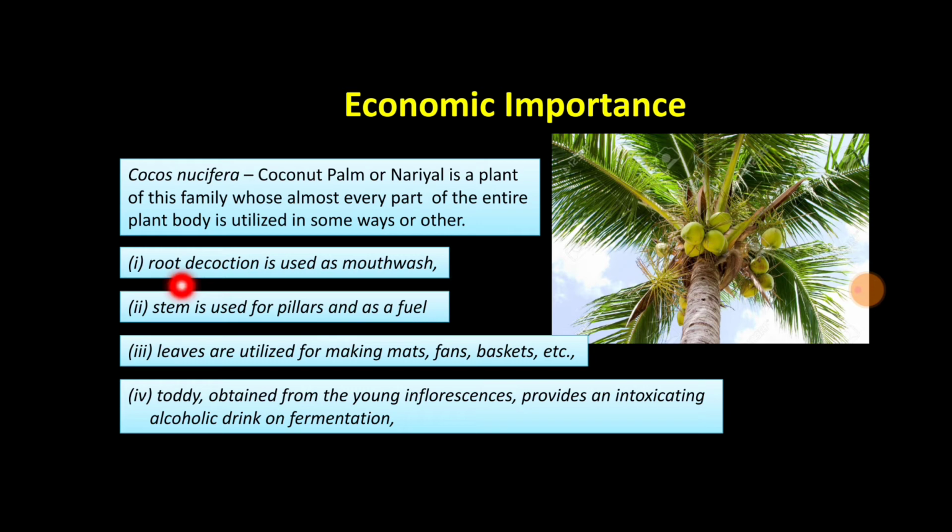For example, root decoction is used as mouthwash. Stem is used for pillars and as a fuel. Leaves are utilized for making mats, fans, baskets, etc. Toddy obtained from the young inflorescence provides an intoxicating alcoholic drink on fermentation.